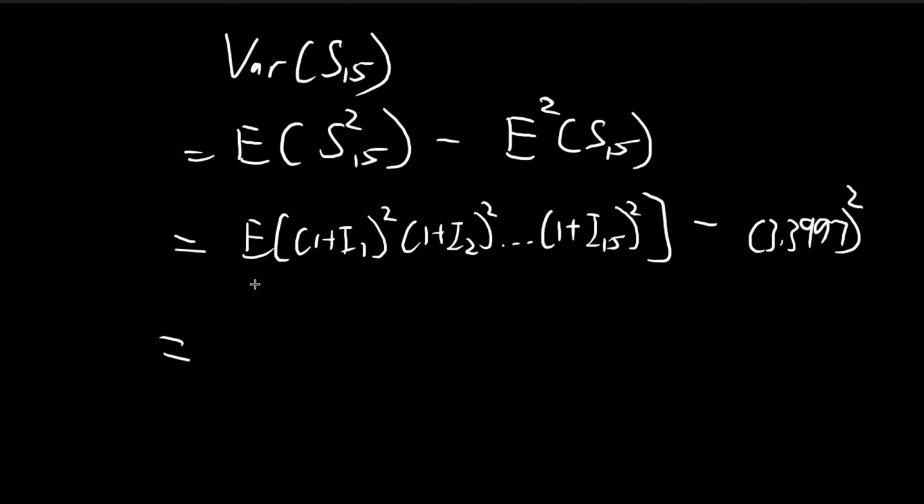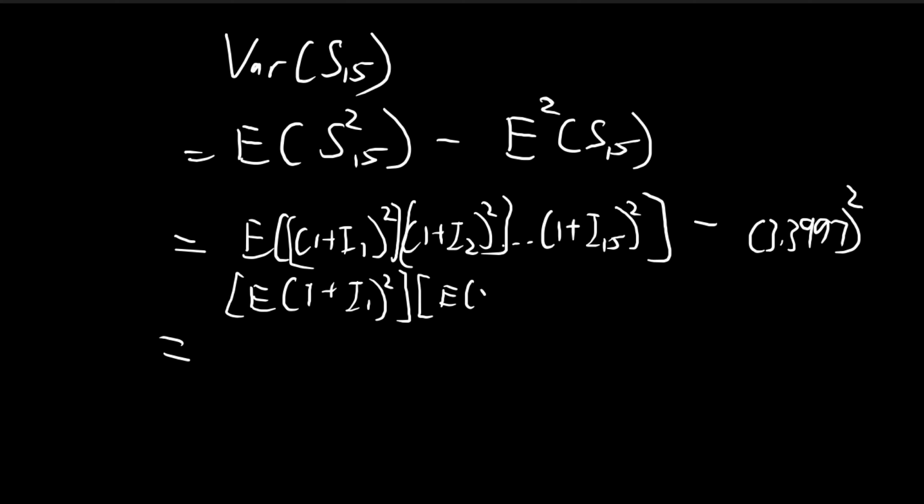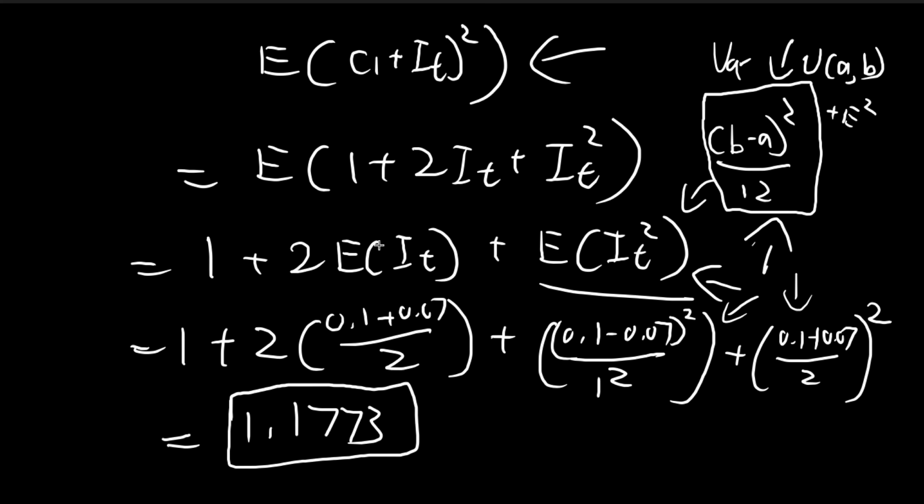And in order to find this, we just do something very similar to what we just did. Because all the I's are independent, we can separate all these random variables and evaluate them independently. So we have the expected value of this squared times the expected value of this, all the way to I15. And this is where this result comes in.